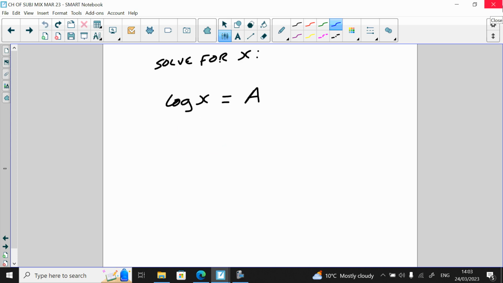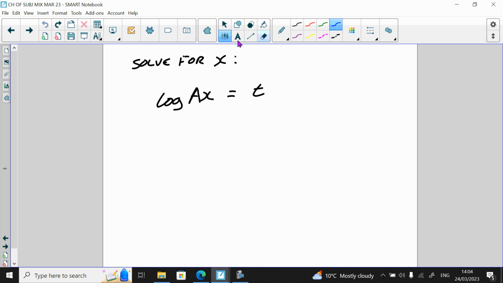Here we go. If you see log, you want the opposite of log. The opposite of log is just 10 to the power. So get rid of log, isolate x, and put 10 to the power whatever's on the other side. And that is it. If you've got log in front of something, sometimes they put a bracket around it.